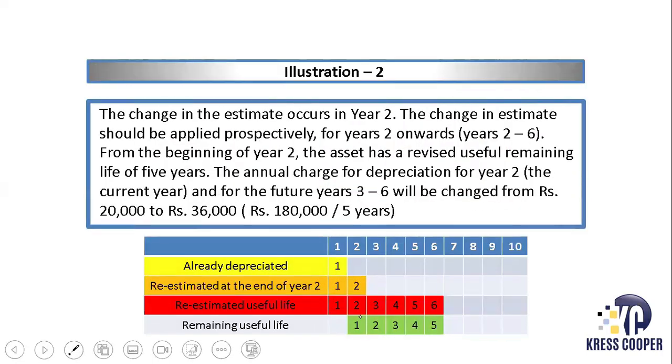There's one very important point that I want to discuss with you, that is about the calculation of the number of years in which the depreciation is charged. In fact, it starts from the beginning of the year in which the asset was put in use.